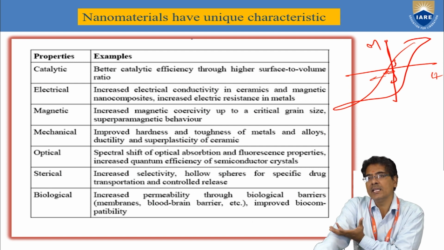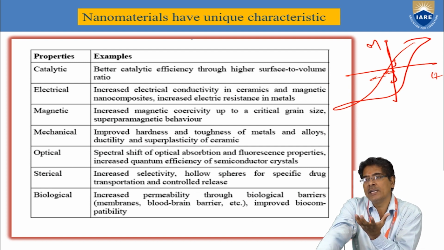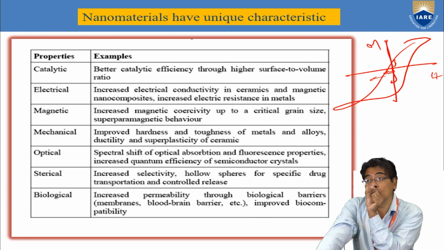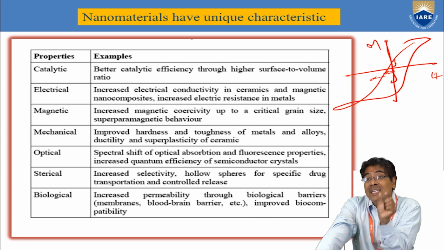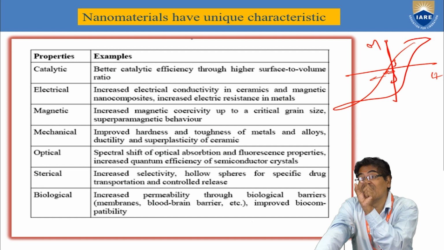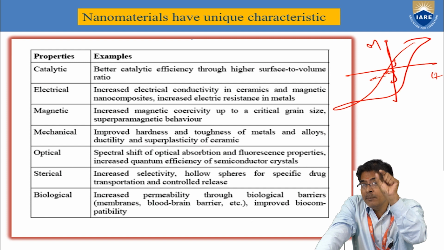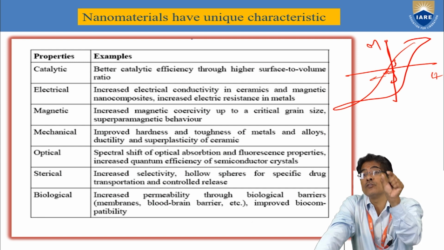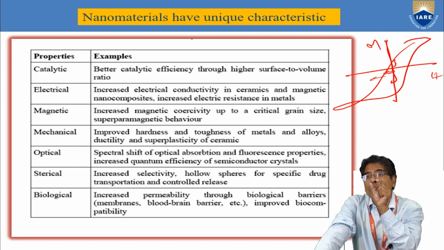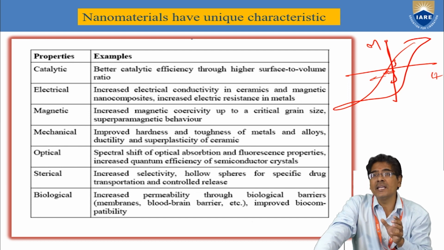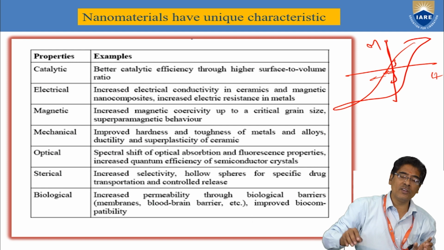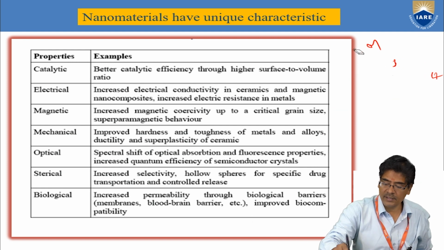So when we study the magnetic property of nanomaterials, due to the grain size, the magnetic coercivity increases. When there is increased magnetic coercivity up to the critical grain size, that particular magnetic nanomaterial shows superparamagnetic behavior.